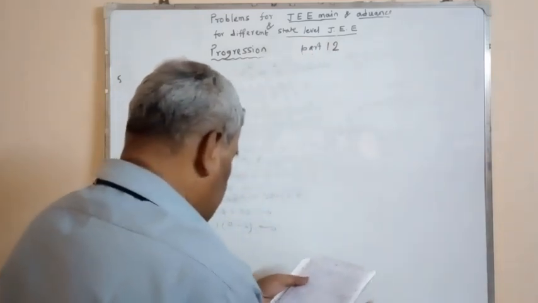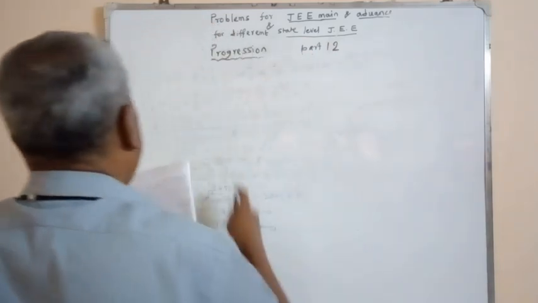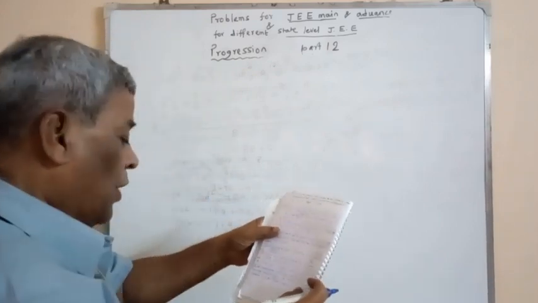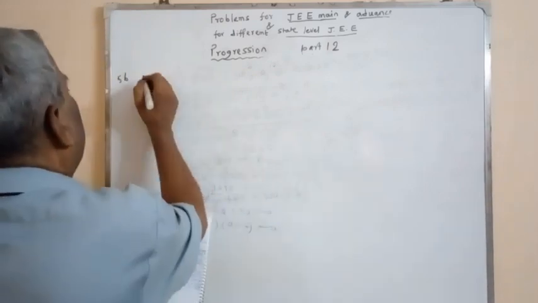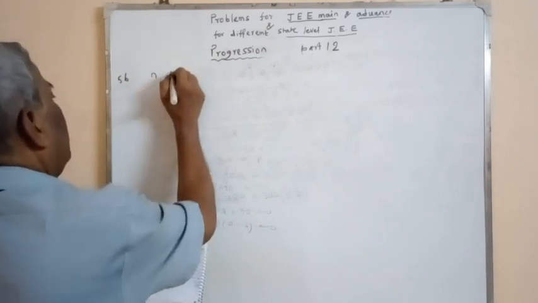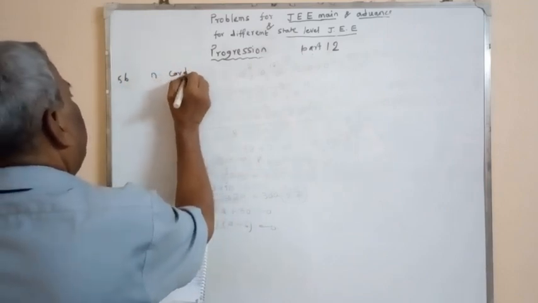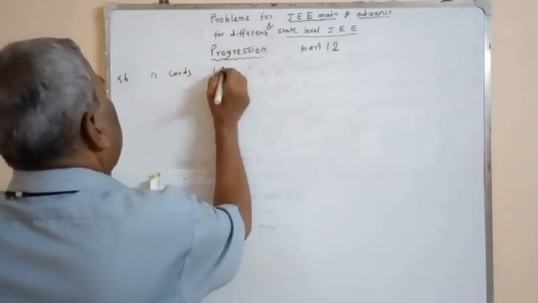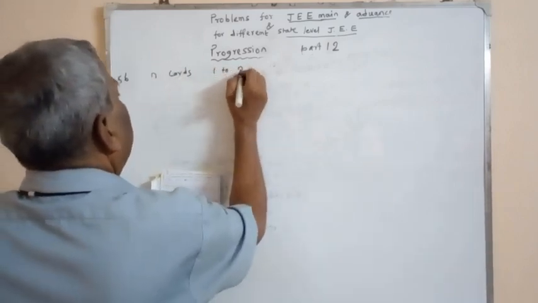Next problem is problem number 56. And the problem is: there are n cards having numbers from 1 to n.